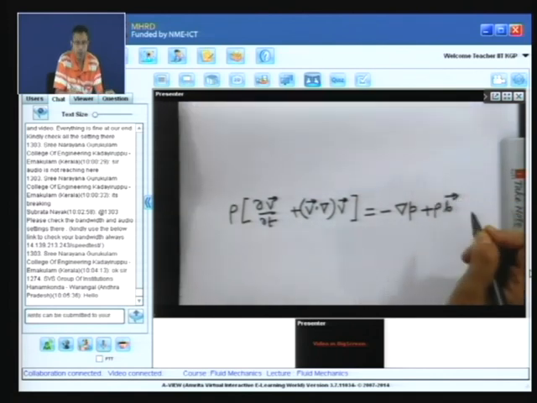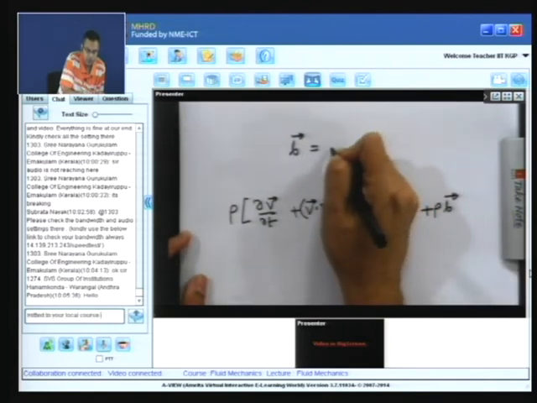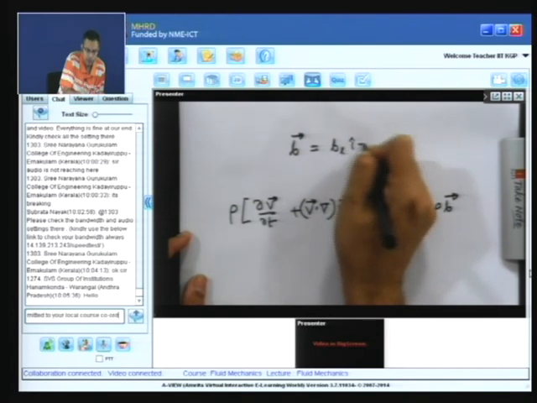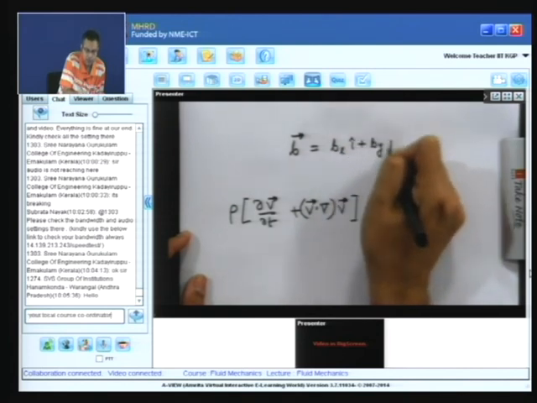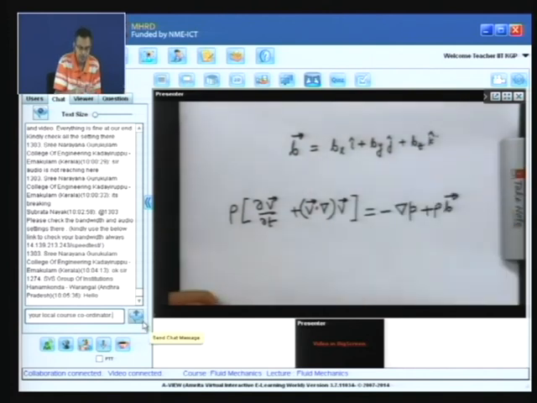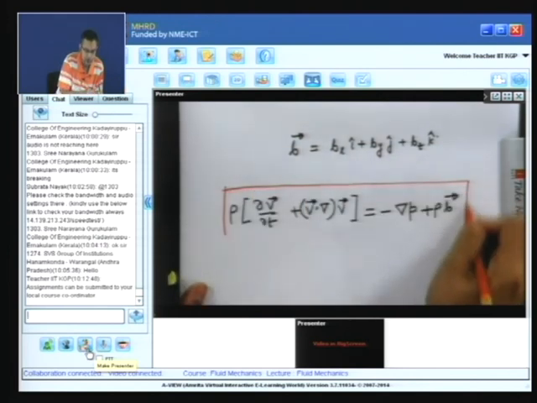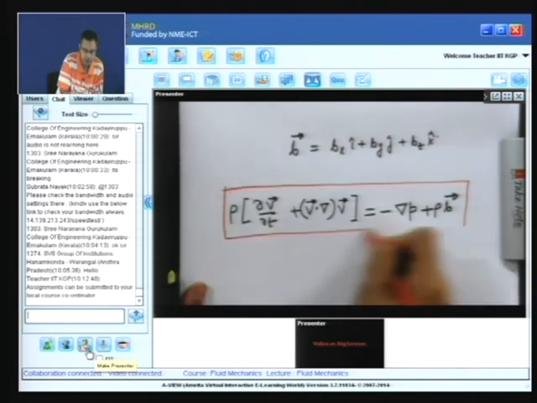What is the vector b? The vector b is the body force vector per unit mass, which is bx i plus by j plus bz k. So this equation is a compact representation of the Euler's equation of motion in its vector form.